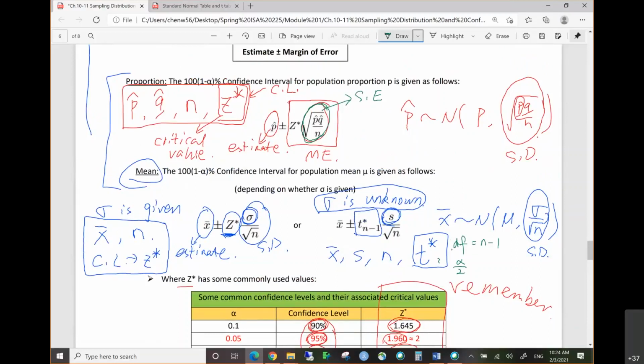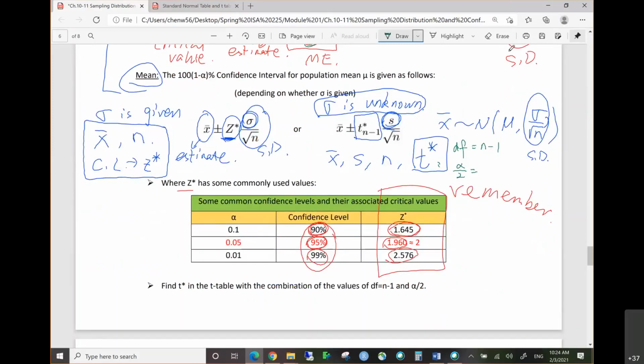The other thing you need to use is alpha over 2. So what is alpha? When we talk about the confidence level, the alpha is actually the opposite of your confidence level. If we are 90% confident about our confidence interval, then you have 10% not confident about your results.